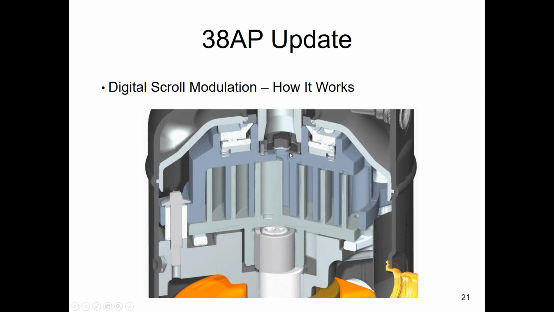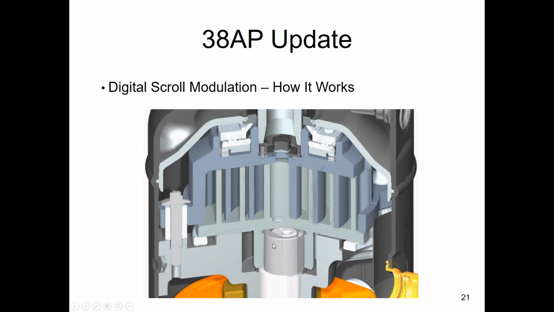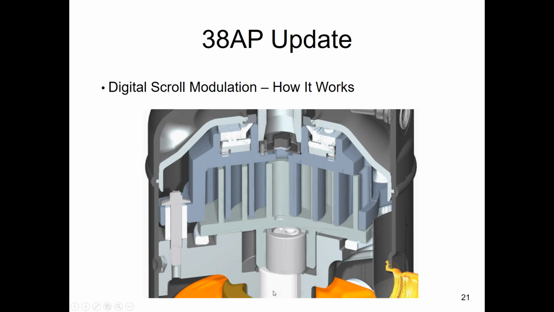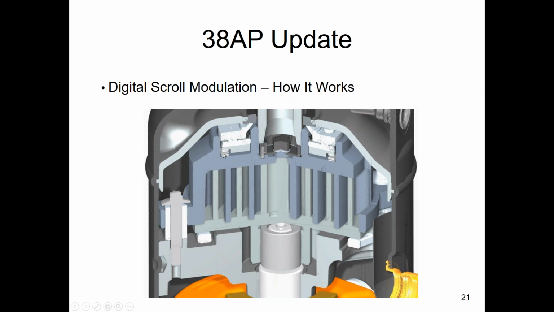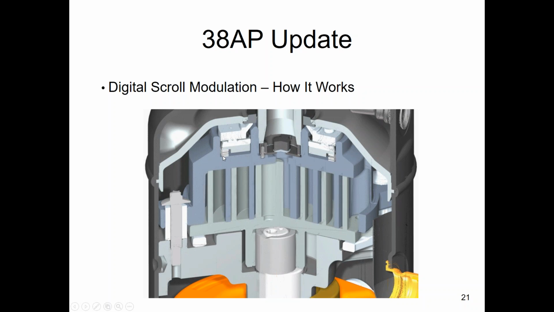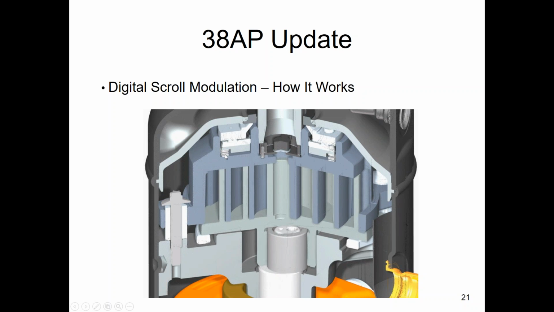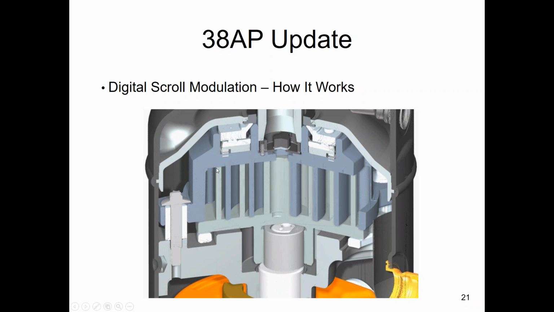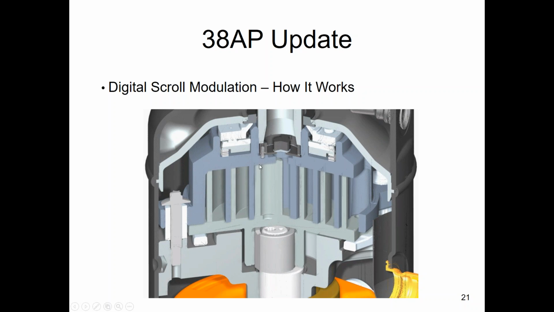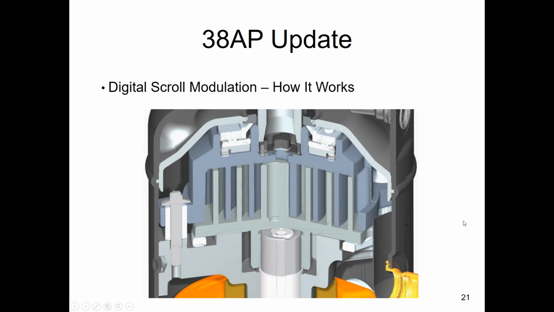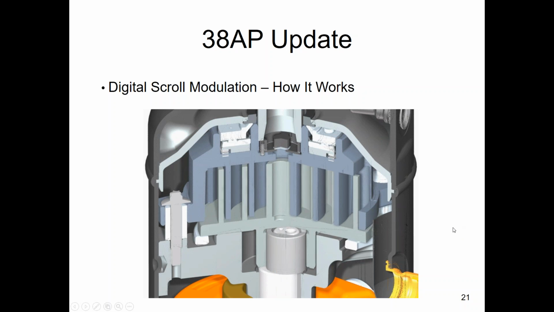The digital scroll compressor is either pumping at 100% or it's pumping at 0%. As you see, when the stationary scroll flank lifts, that's 0% capacity. When it's down, we're sealing the 2 edges here and we're pumping at 100%. So scrolls are either 100% capacity or 0.